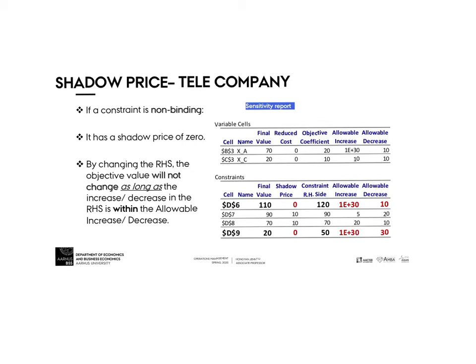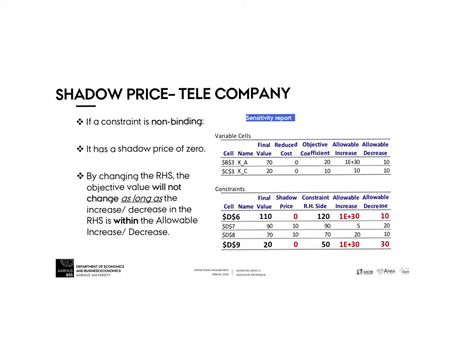On the right-hand side, you see the sensitivity report. We highlight the values which are interesting. First, you find the non-binding constraints. You can see the final values and the constraint right-hand side values, and you find these two constraints are not binding, and they have a shadow price of 0.